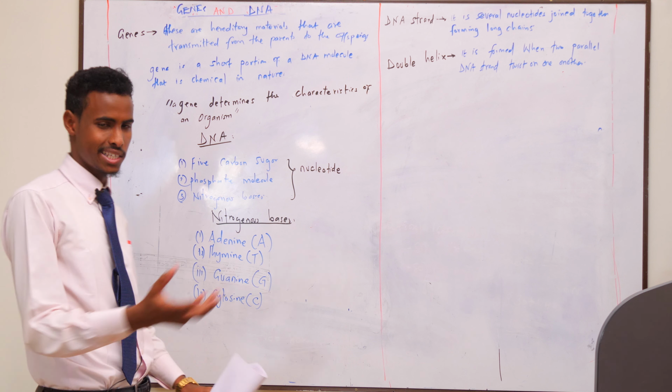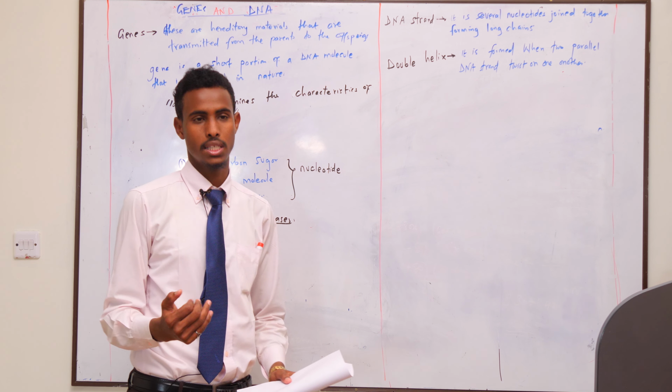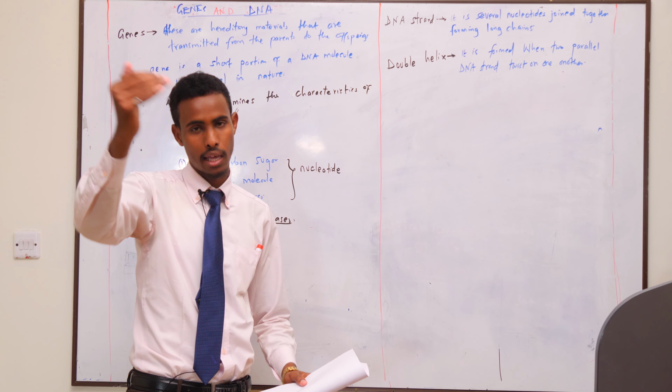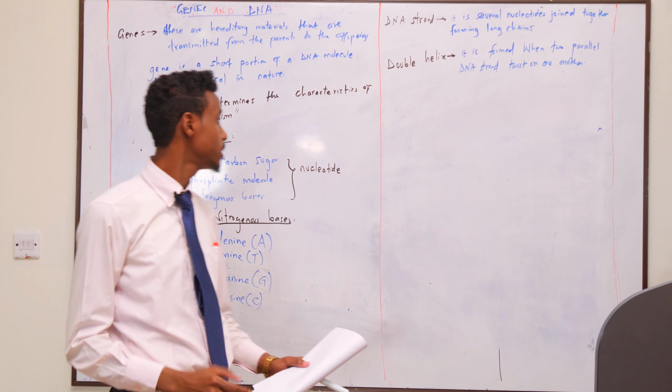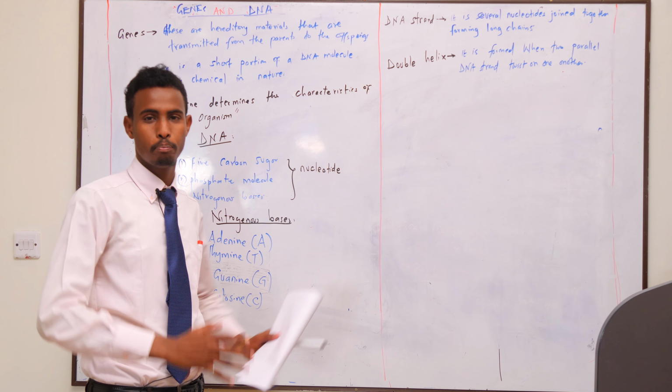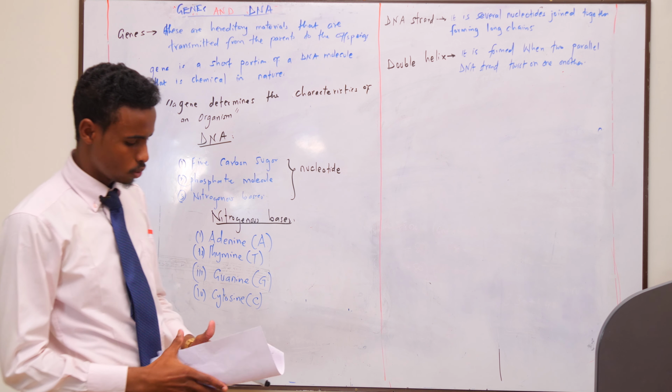But for now, let's get the basis, because once you get the basis, we can scale up and climb the ladder. What I believe as a teacher is, small things pile up and eventually they make a great thing. Very good.